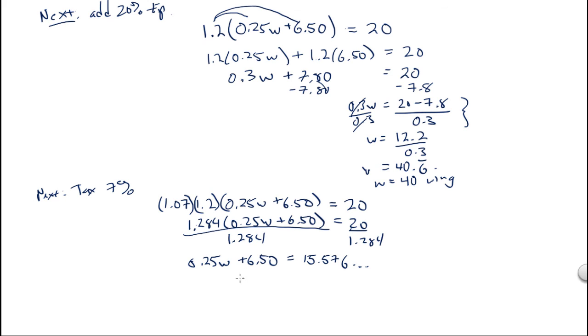But now from here, it's the same business, 650 from each side. I'm just going to take that previous number, 15.57. It's in my calculator. I'm just going to keep that number, and I'm going to subtract 6.5, and I get 9.076, right? So 0.25W equals 9.076-ish.